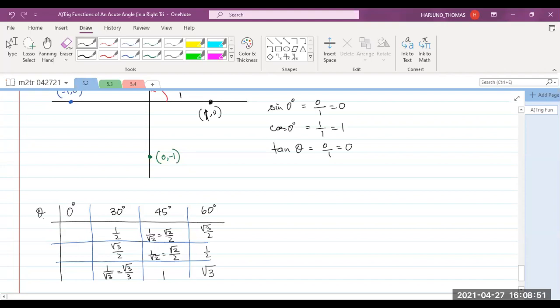For 0 degrees, the sine theta is 0, cosine 0 degrees is 1, tangent 0 degrees is 0.